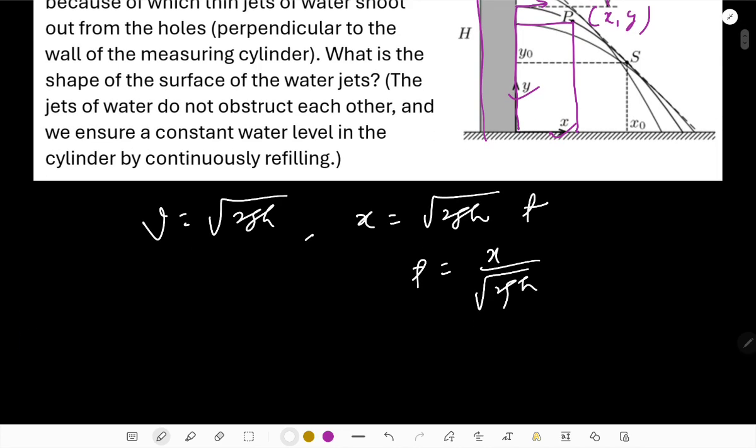During this time, the water drop falls a distance half g t square vertically downward.